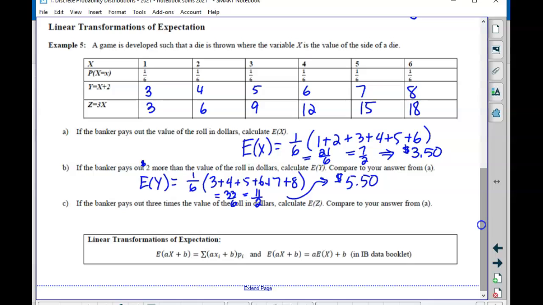Calculate what you get there and compare it to part A. So again, this we're calling Z. So 3 plus 6 plus 9 plus 12 plus 15 plus 18. Okay, so that's 30, 63. And 3 goes into that, 21 over 2.